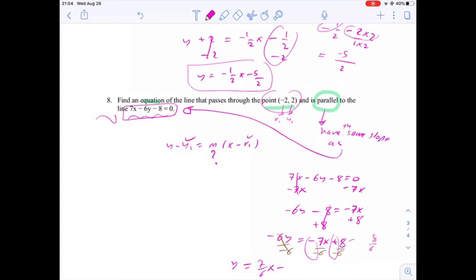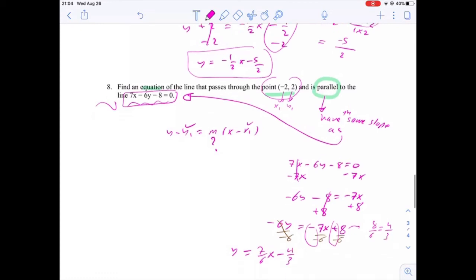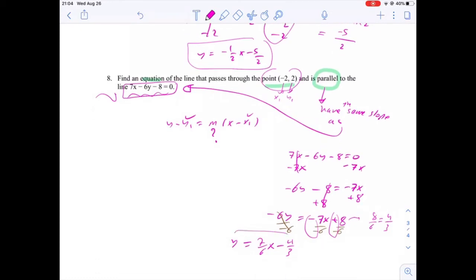What is 8/6? If we divide by 2, we get 4/3. It's better to simplify it. So minus 4/3.